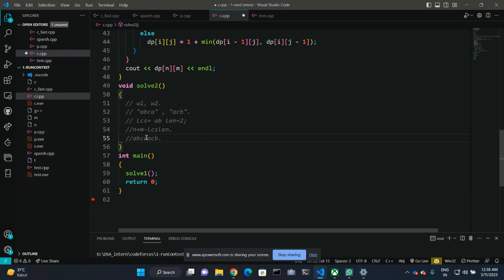So we are trying to minimize this. How? Because the LCS AB is present two times here, here AB and here also AB. We should only include it one time, right? So I will remove this A and this B.